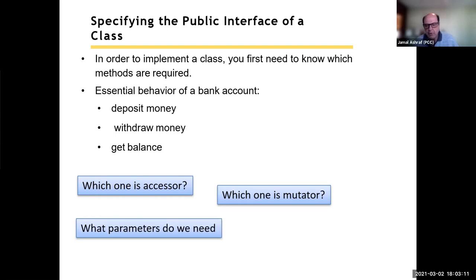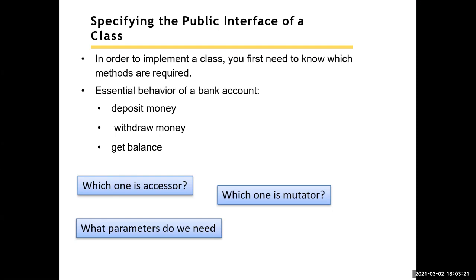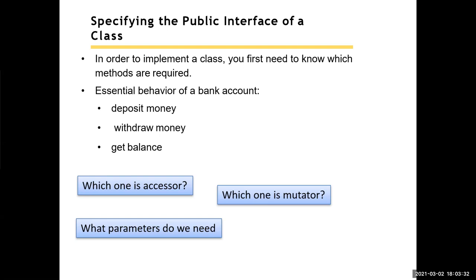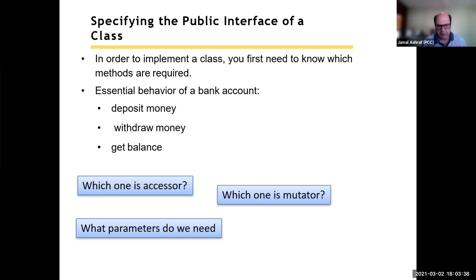So if I am getting the information, do I need any parameters? Your bank account. So the accessor was get balance. Do I need any parameters for my get balance? No. But when I have mutators, I need the parameters for it.